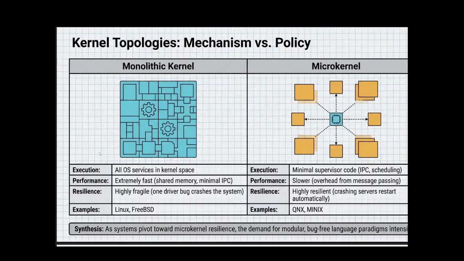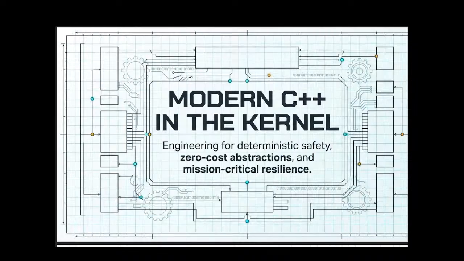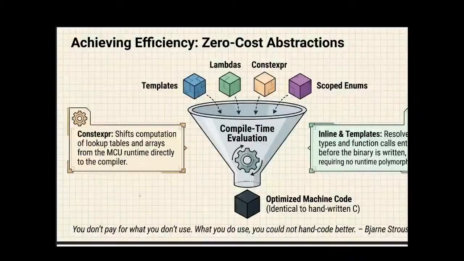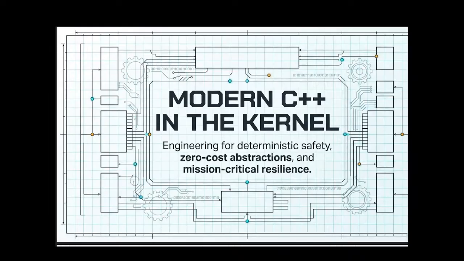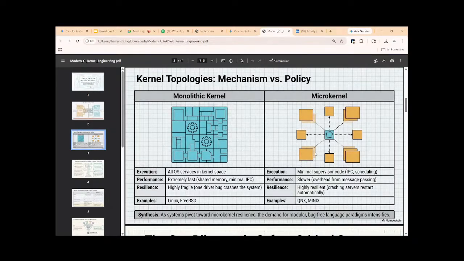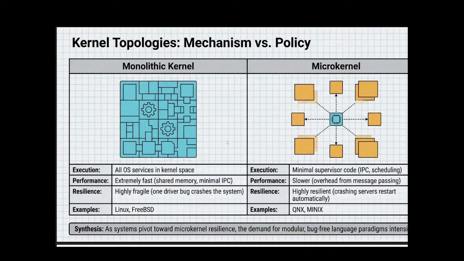Now let's look at the kernel topologies, which are the mechanisms. In a monolithic kernel, all OS services operate in kernel space.